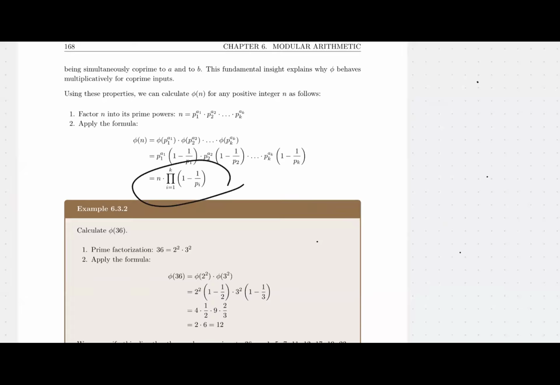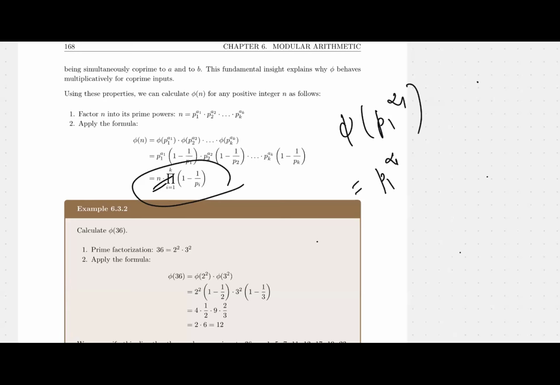Any questions? No, how is this? Because we took n out, right? So phi of p1 to the power alpha 1 is what? p1 to the power alpha 1, times 1 minus 1 over p1, right?